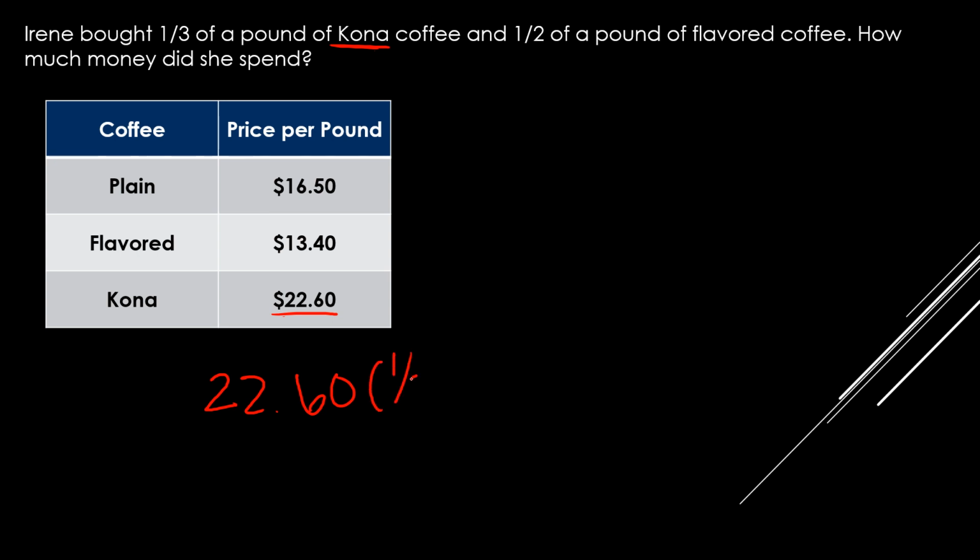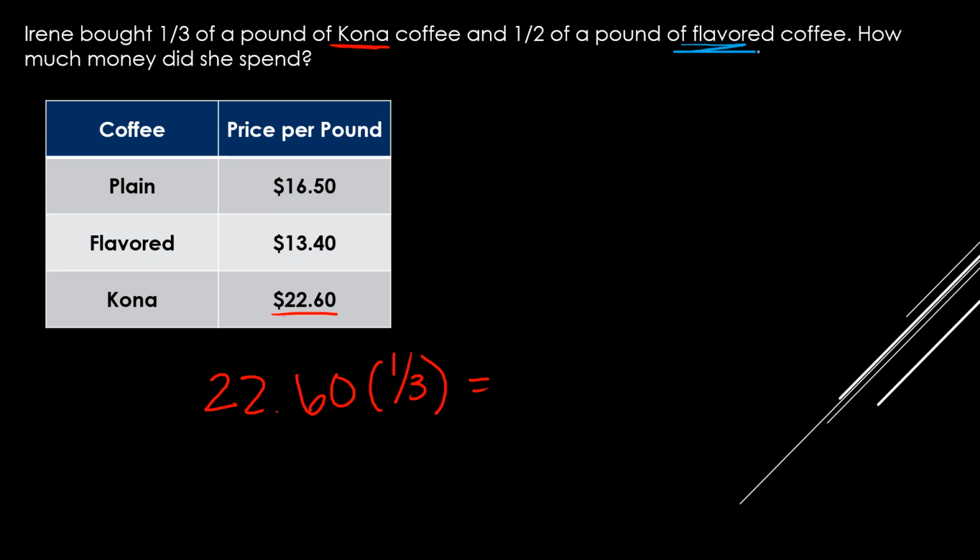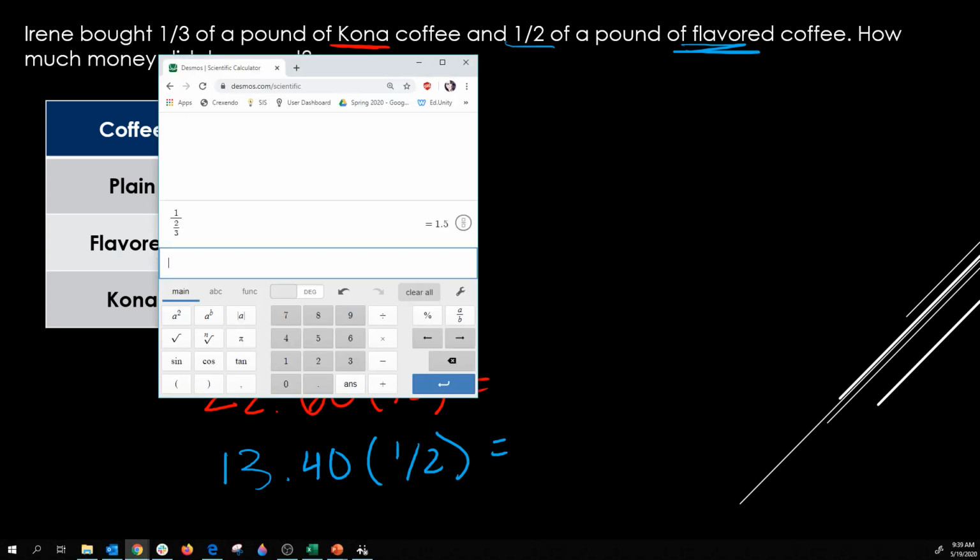I'm going to multiply that by 1/3. And then for the next one, which is flavored coffee, she got 1/2 of a pound, and flavored coffee is $13.40. So I'm going to take $13.40 and multiply it by 1/2. Then when I multiply both of these numbers, I'm going to add them together.